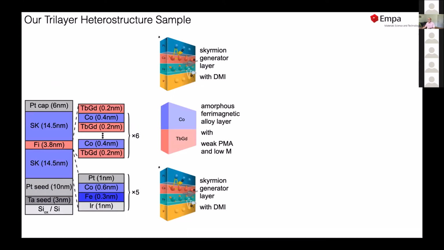Now, the structure we used here is basically the structure proposed by Christos, right? These iron, iridium, iron, cobalt, platinum multilayers, which we call the skyrmion generator layers, which we put at the bottom, a 5 repeat of that, a 5 repeat at the top, and in the middle we put this amorphous ferrimagnetic alloy layer as shown here.